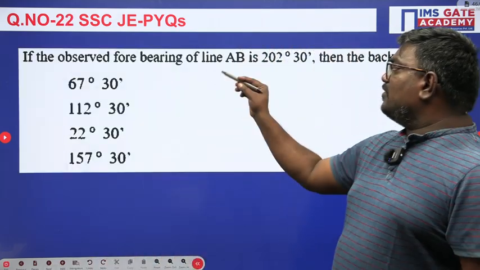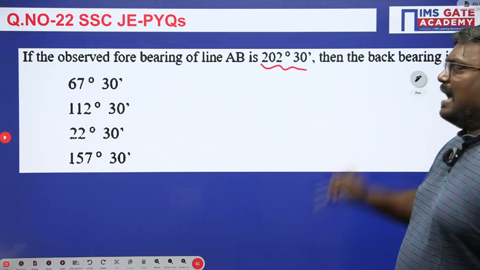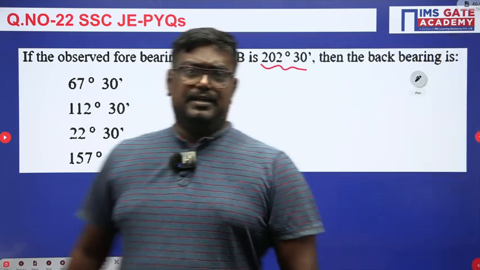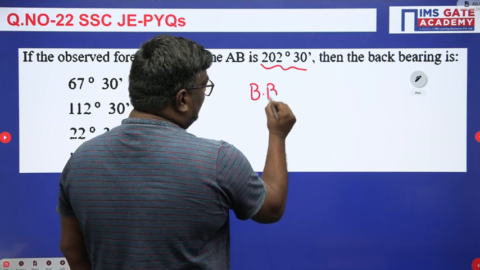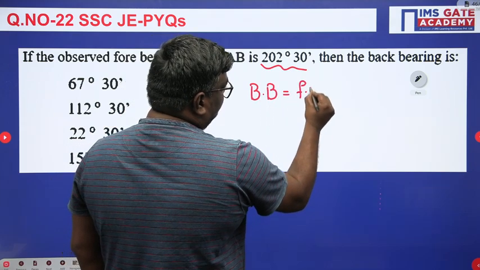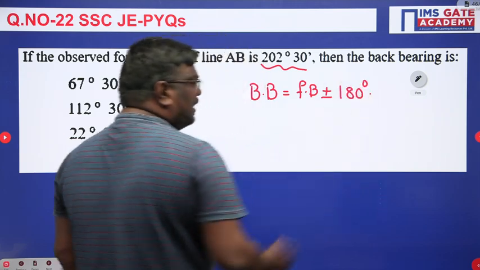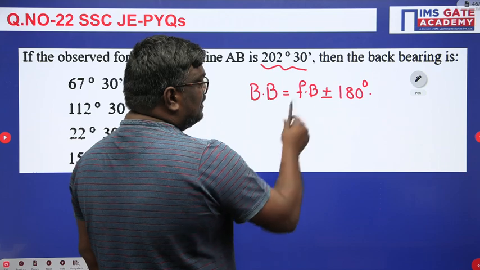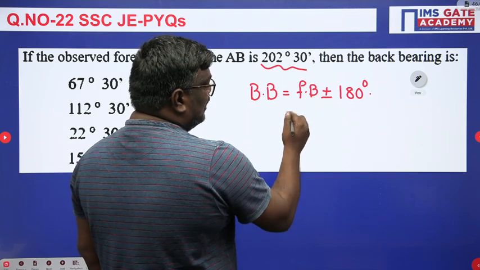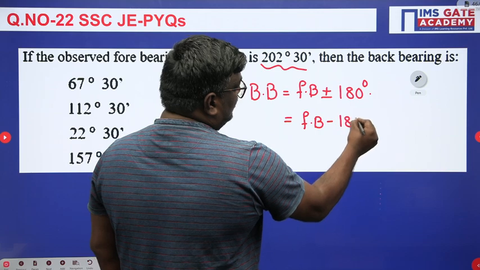Now, if the forebearing of a line AB is 202 degree 30 minutes, then the back bearing is. Now, let me tell you, my dear students, usually back bearing is given by the formula: back bearing is equal to forebearing plus or minus 180 degrees. And remember, my dear students, the positive sign is used when forebearing is less than 180, and when forebearing is greater than 180, back bearing will be equal to forebearing minus 180 degrees.